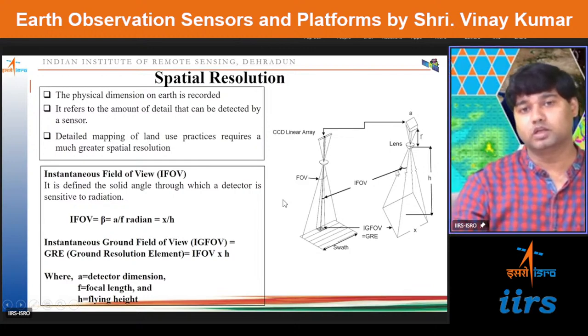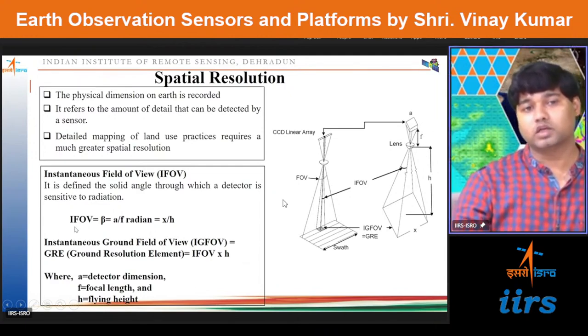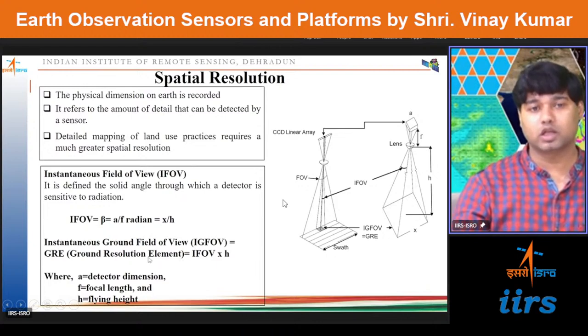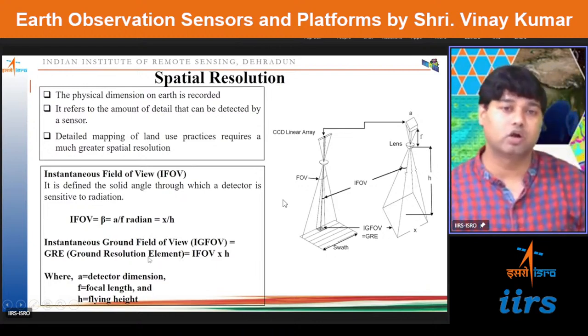When we zoom in, this is your instantaneous field of view, this is your detector dimension A, this is your focal length, this is your height H, and this is your X. So IFOV is equal to A upon F, and X upon H. When you multiply this IFOV with the height, you will get the ground resolution element, or instantaneous ground field of view, or ground resolution.